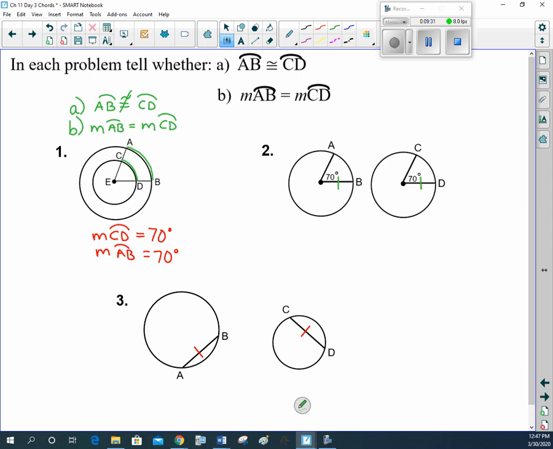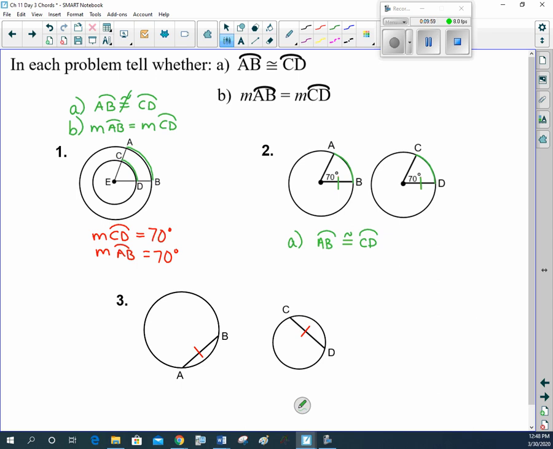So to answer the question then, for part A, is arc AB congruent to arc CD? Well, they've got the same central angle, so that would mean then that they have the same radius length. So yes, these two arcs would be the same measure. Oh, excuse me, they would just be congruent.